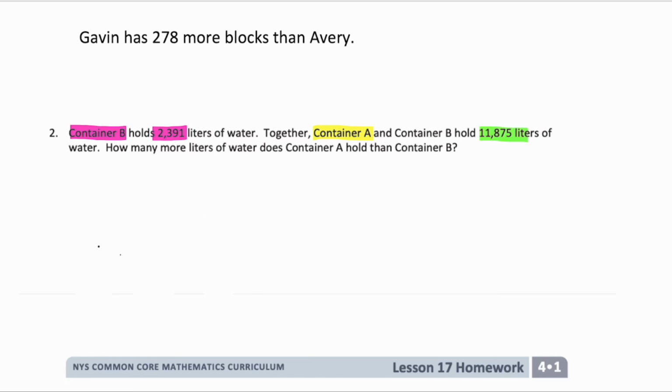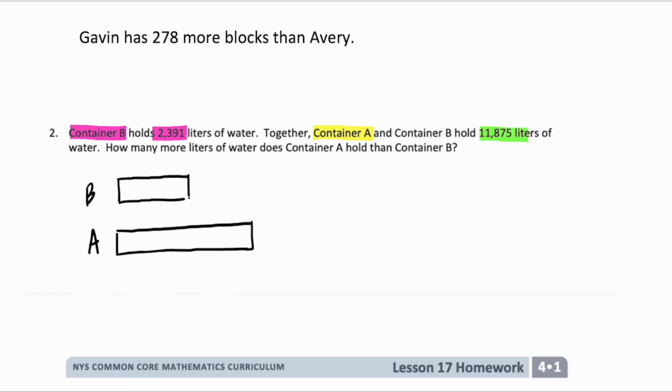So I know A is more than B. So I'm going to put A's longer than B's. I'm lining up the tape diagrams. They tell us that B is 2,391.